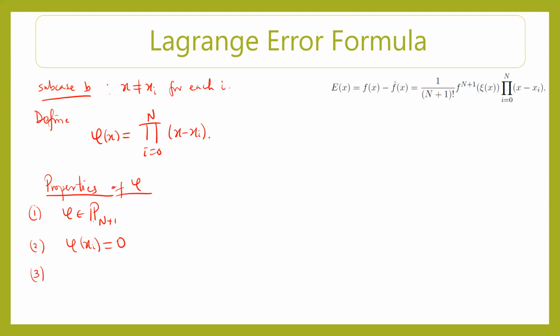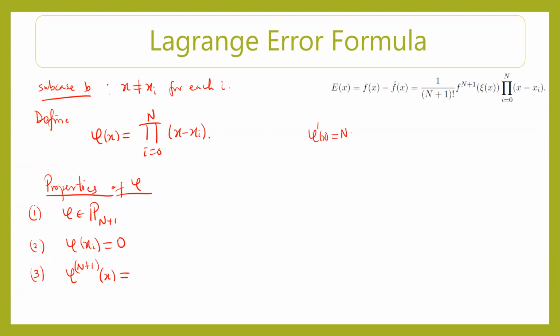Three, if I differentiate this function n plus 1 times. All right, so if you have a polynomial of degree less or equal to n plus 1, okay, if you differentiate it first, you get n plus 1. If you differentiate it next, you get n.